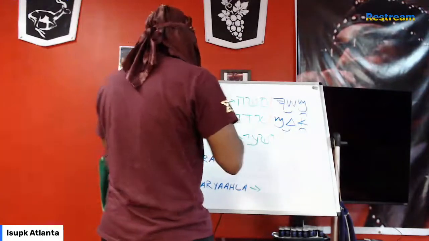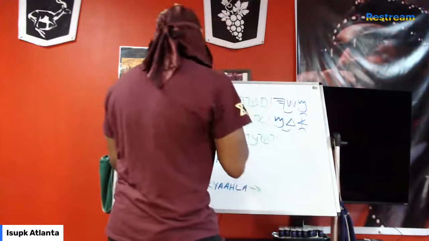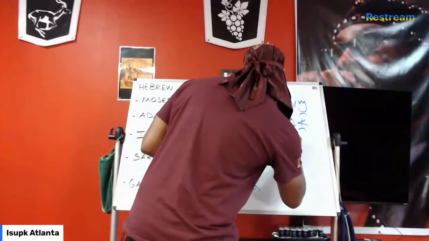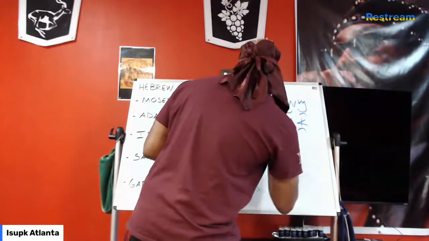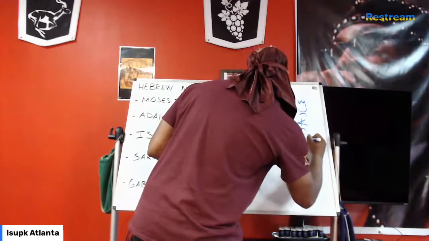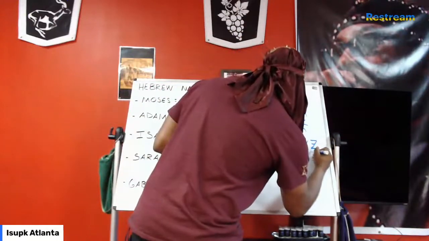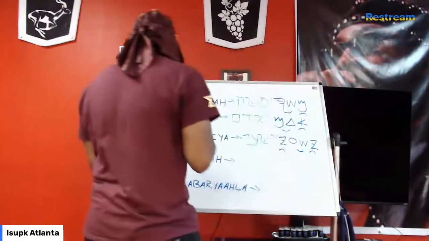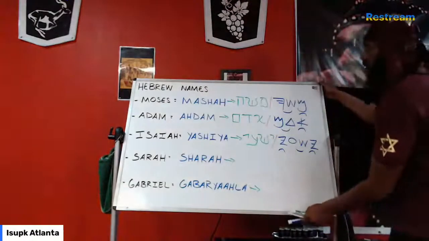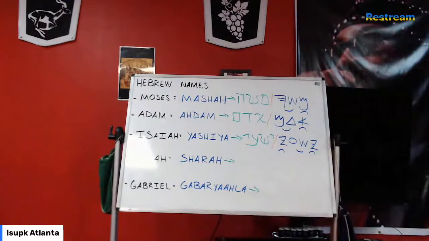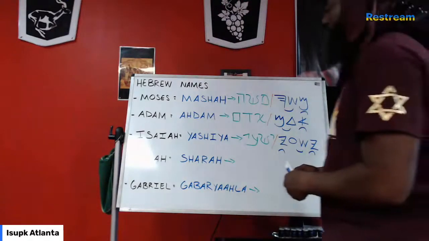Okay? So far, this is what we should have: Moses, Mashah, Adam, Adam, Isaiah, Yeshaya. Now, let's do Sarah or Shara.